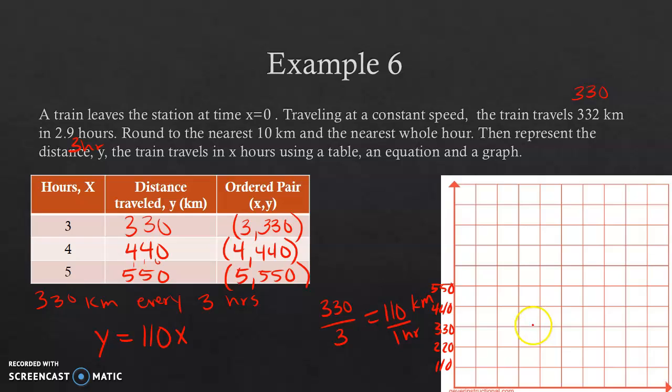I've got 3 at 330, and 4 at 440, and 5 at 550, and that would have meant that at 2 I would have gone 220, and in the first hour 110, and then we would have started at 0. And then I draw a line, and there's the graph of my function.